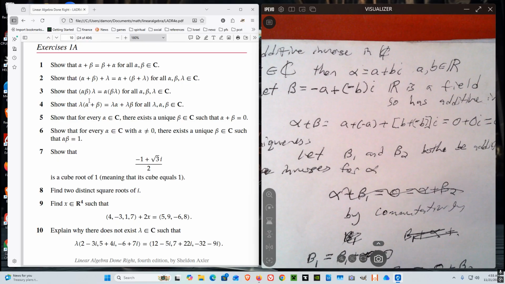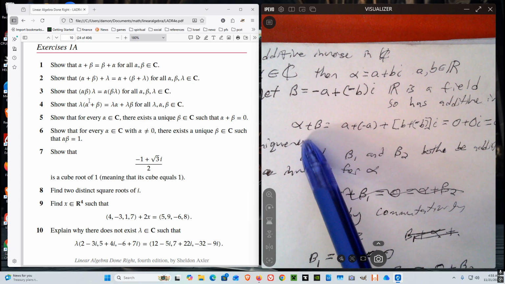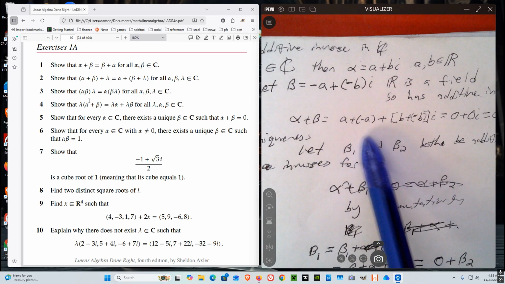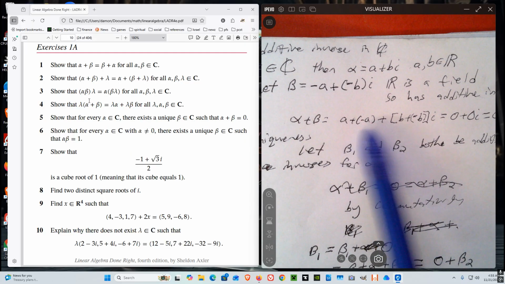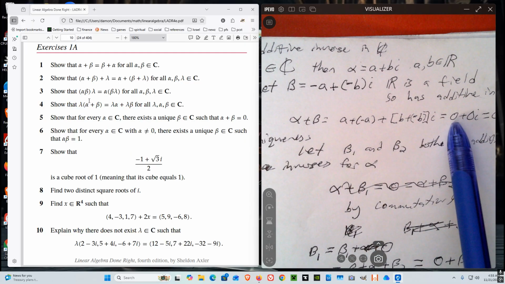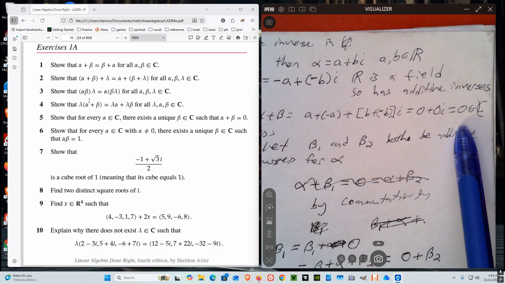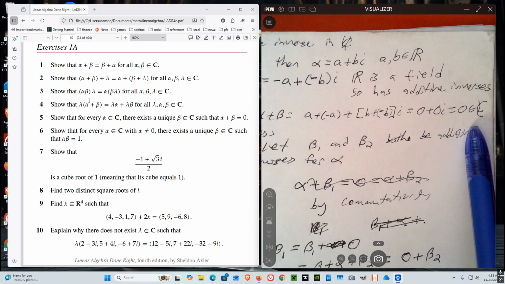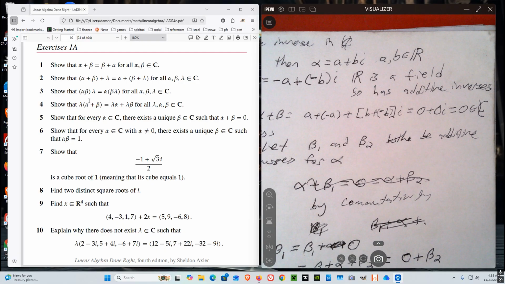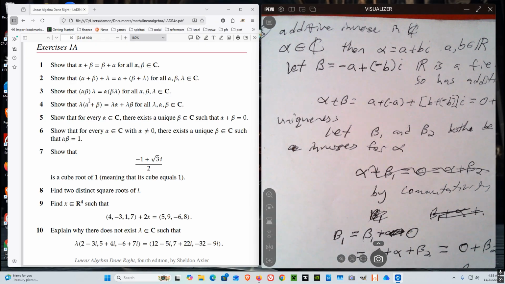So, direct proof: you add alpha plus beta together, and so you add the real parts and the imaginary parts. That gives you 0 plus 0, and that's defined as the 0 in complex numbers. So you don't know if there's a unique one, but we've shown that it does exist because we gave an example of one.